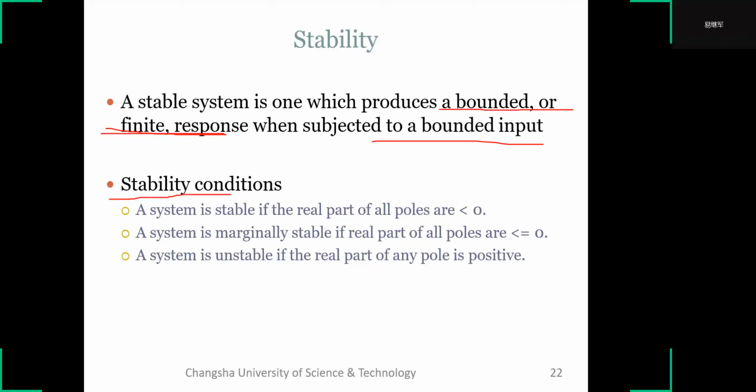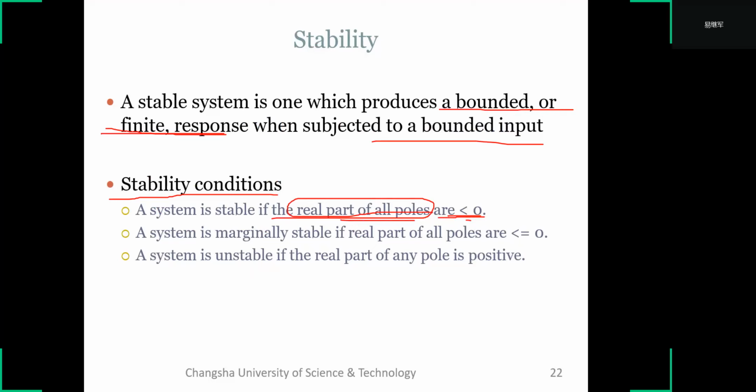Stability condition: a system is stable if the real part of all poles is less than zero.